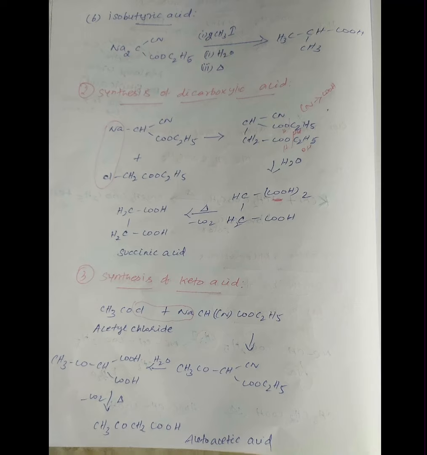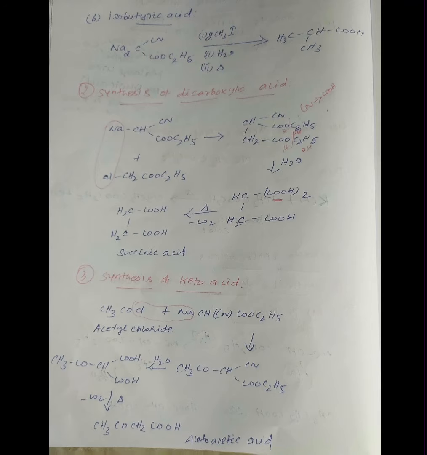It undergoes hydrolysis. Both ester groups undergo hydrolysis to form acid and ethanol, and the cyanide group also undergoes hydrolysis and converts to acid. So a tricarboxylic acid is formed. After that it is heated, 1 mole of CO2 is removed, and you get succinic acid.